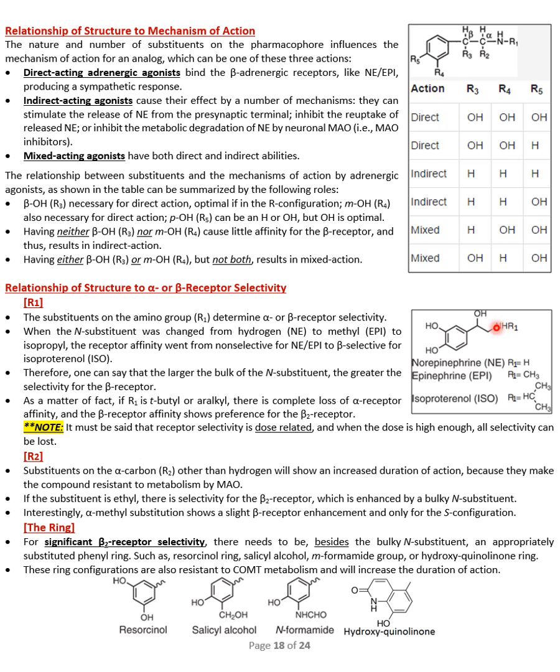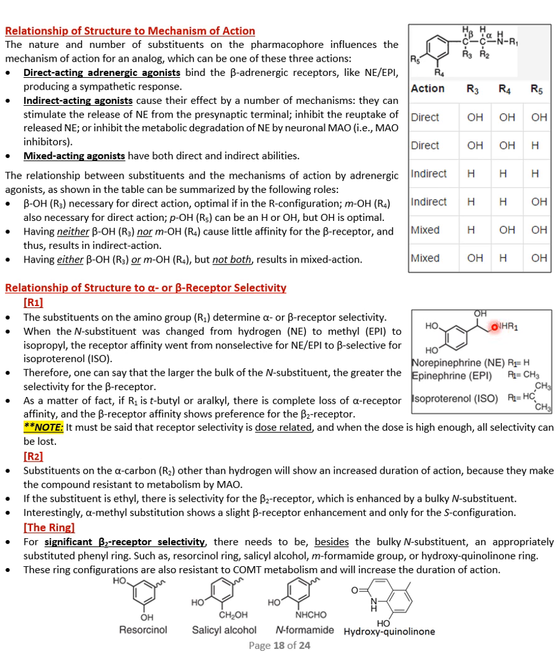If you remember, the monoamine oxidase acts on the amino group here. In fact, from its name, monoamine oxidase, this is an amine group. So if we add a bulky group here, like an ethyl group in particular, then this drug will be protected from metabolism by the MAO enzyme, and then it will have a longer duration of action.